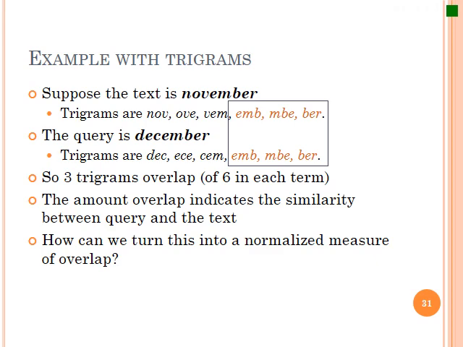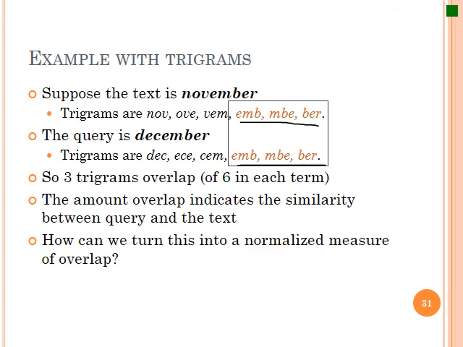Remember, each trigram entry means that every trigram is associated with a list of words that contain this trigram. Now, when you have a query December coming in, you will also take the trigrams of this, and then all you need to do is to overlap this set with this set. It turns out that the overlap is these three trigrams, and the other trigrams don't match.